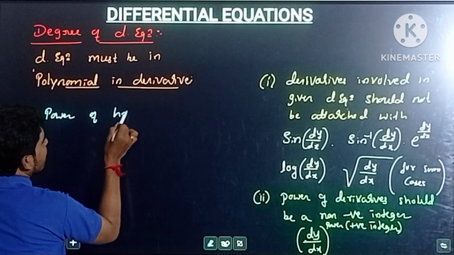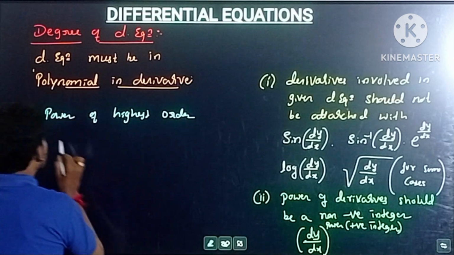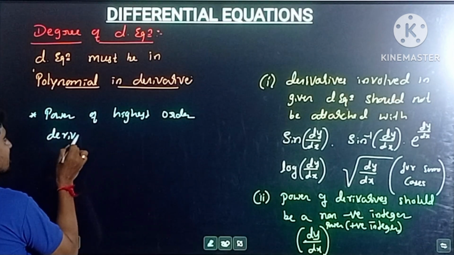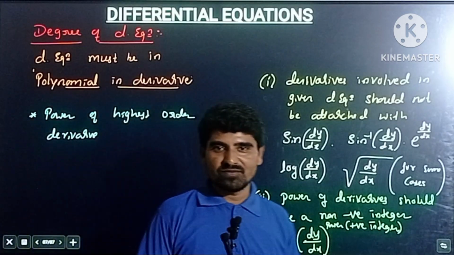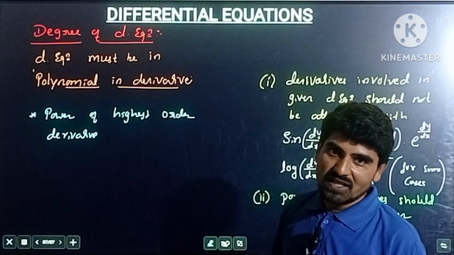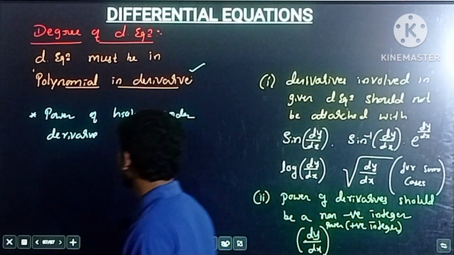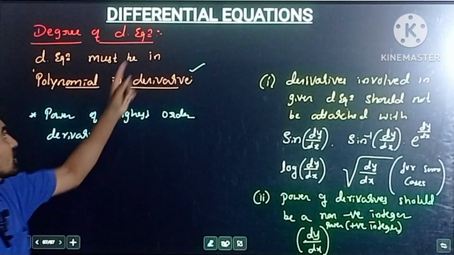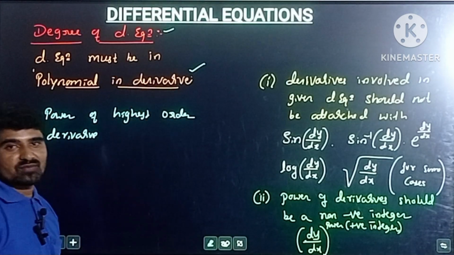So if the differential equation is a polynomial in derivative, then the power of the highest order derivative involved in the differential equation is called the degree of the differential equation.